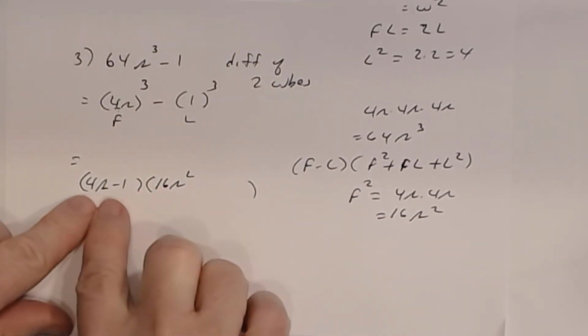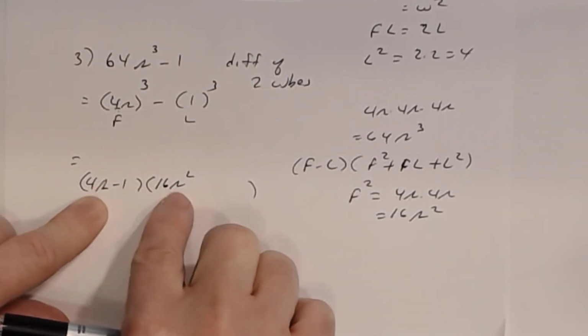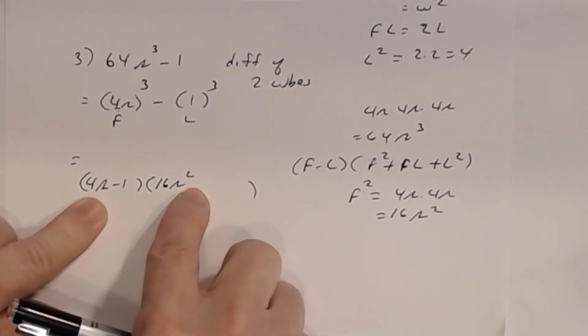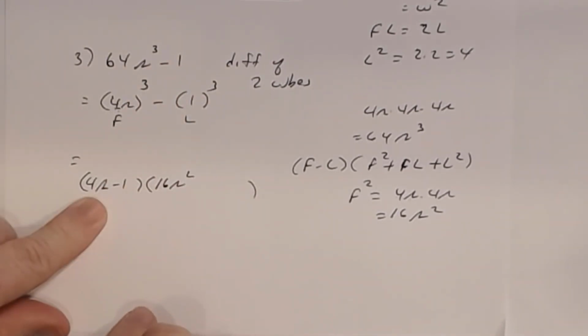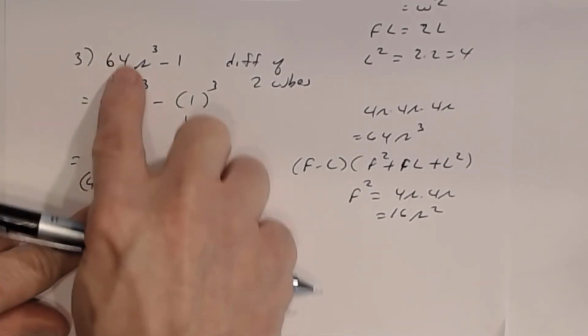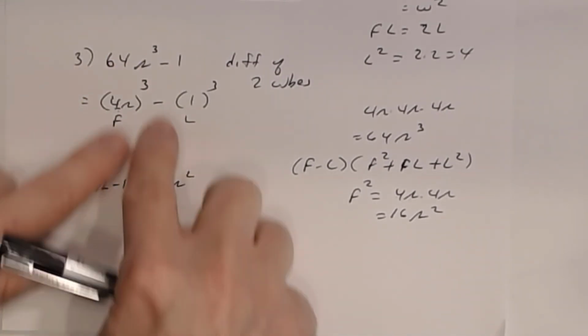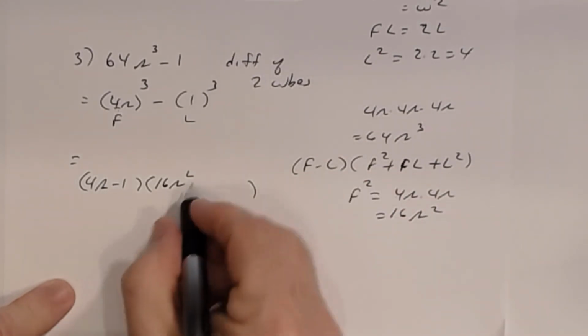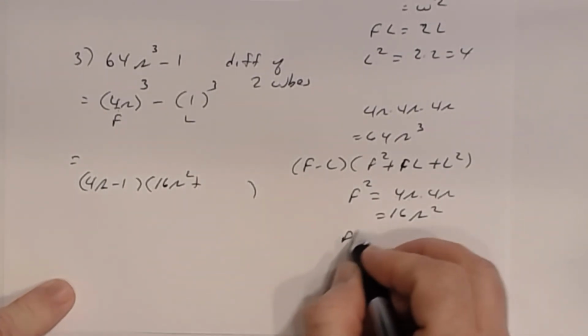And it kind of makes sense because look, if you distribute, 4 times 16 is 64, and s times s squared is s cubed. Okay? So always check that out first. Just make sure that this gives you this. Now plus f times l.